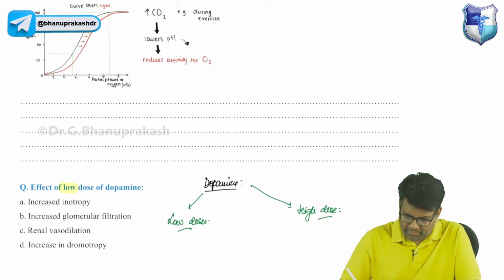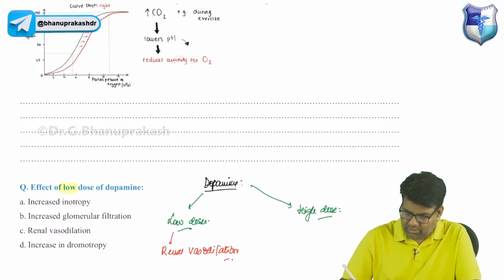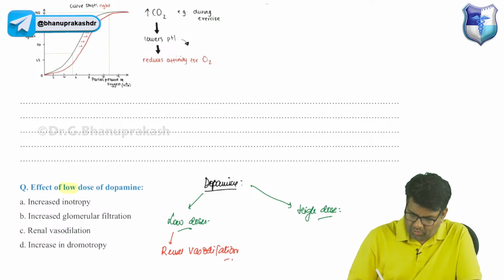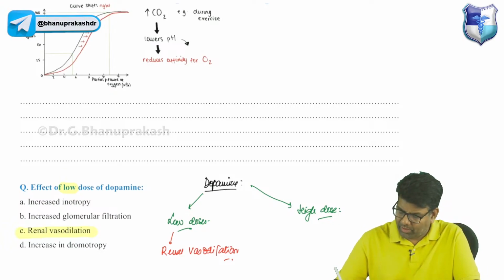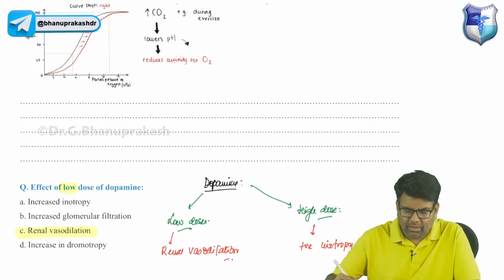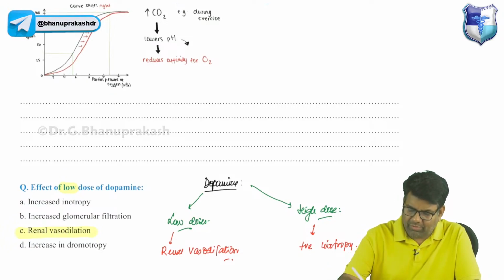Yes, anyone? In low dose, it causes renal vasodilation. It is renal vasodilatory in low doses. And what is the effect in high dose? High dose, it is positive inotropy. Right? So low doses, it is renal vasodilation.